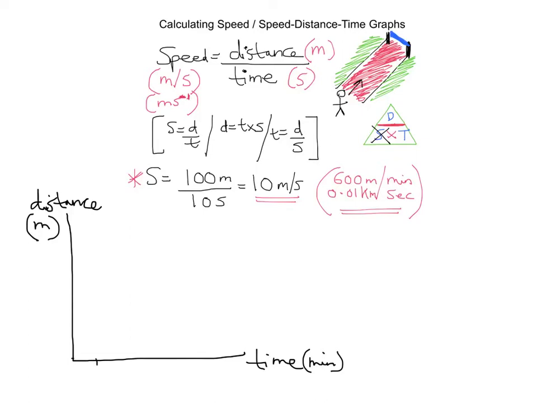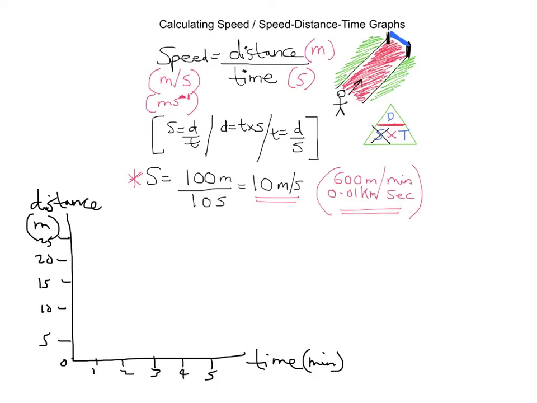Let's put some units. Let's say here's 1, 2, 3, 4, 5. Let's say here is 5, 10, 15, 20. Let's just go to 20 on there. Let's put in 25. There.